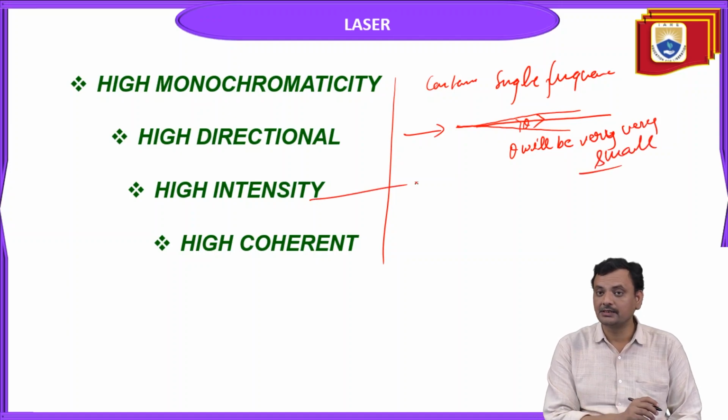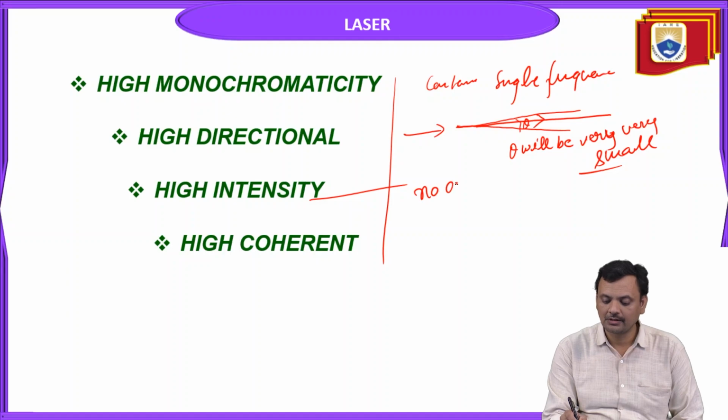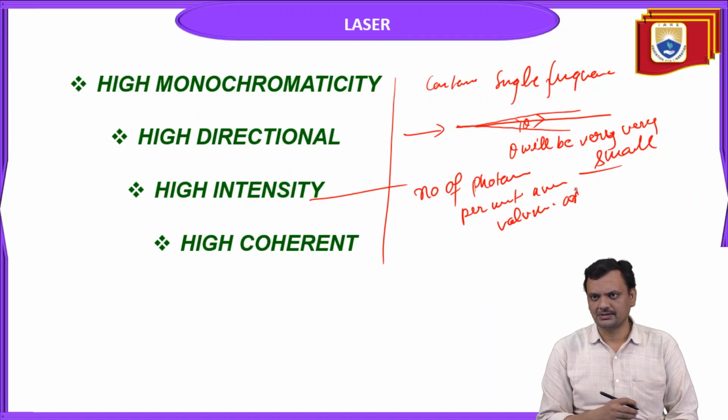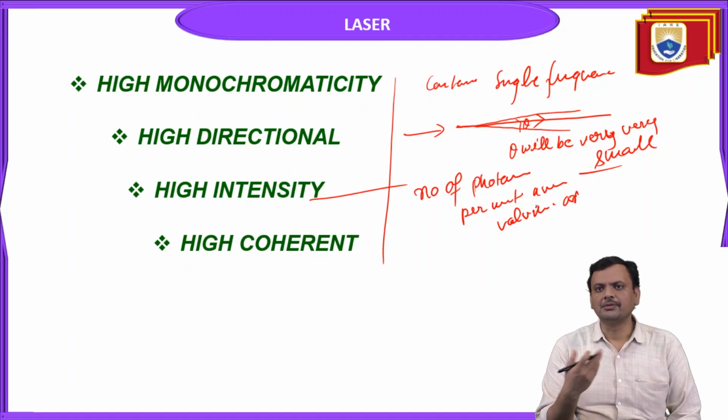High intensity means the number of photons per unit available volume or area, depending on your consideration, will be high.